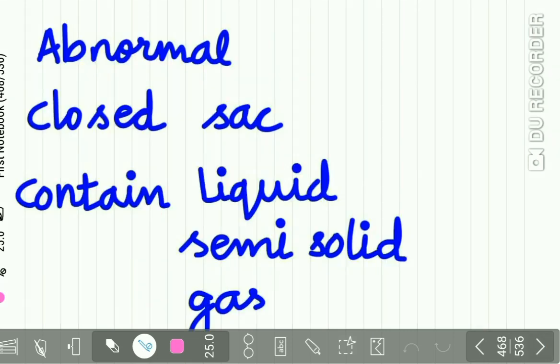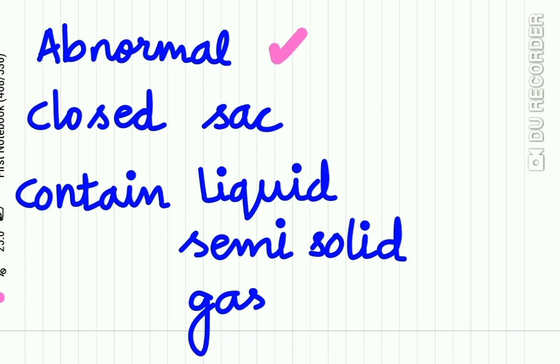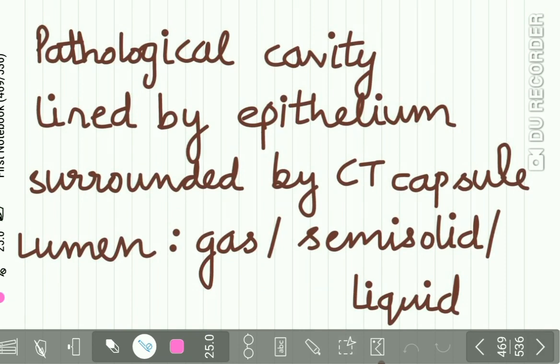What is a cyst? A cyst is an abnormal closed sac present in the body, and this sac may contain a liquid, a semi-solid or a gas. So, what is the definition of a cyst?